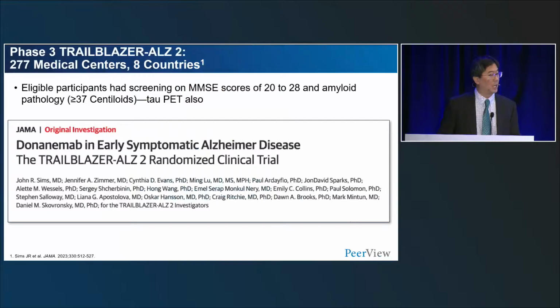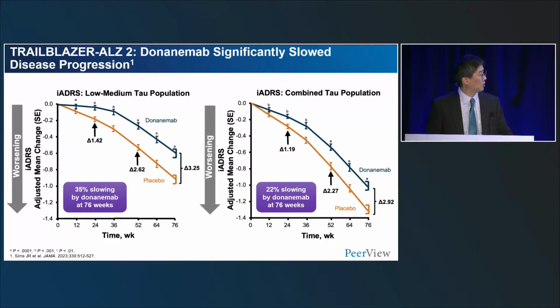of clinical progression. The second anti-amyloid antibody therapy to gain full approval was donanemab, and that was in the Trailblazer 2 trial. As you can see here, also in the all-important clinical scoring, it slowed down the progression of disease in the donanemab arm compared to placebo.